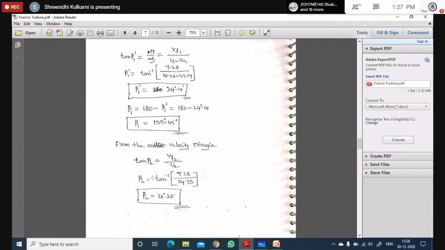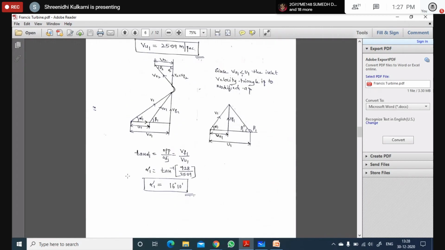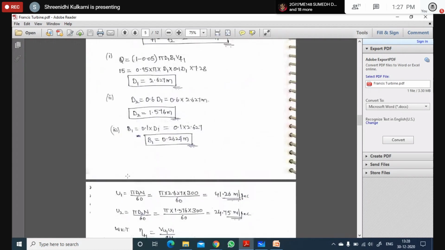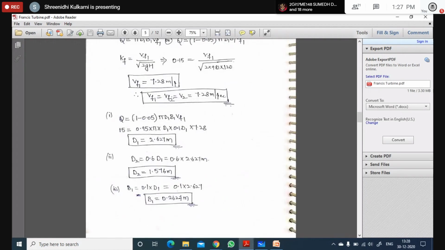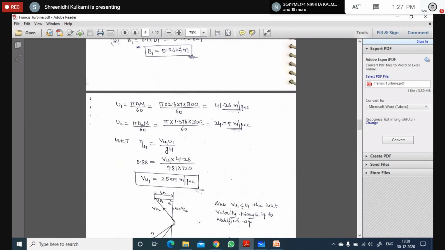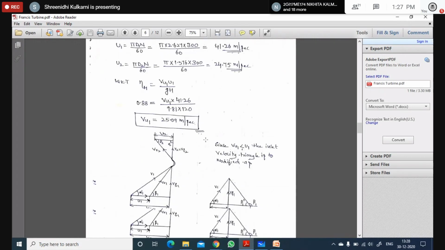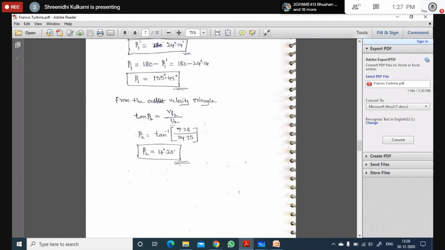Already we know VF2 because in the data itself the flow is constant. So we already calculated VF1 equals VF2, it is 7.28, and U2 is 24.75. You just substitute here.